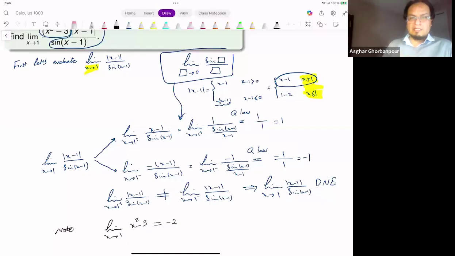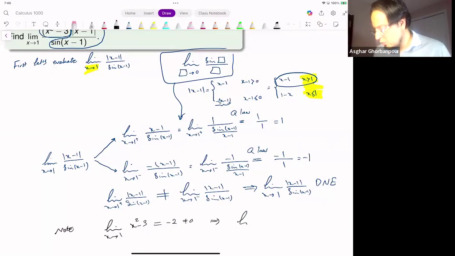The first part exists, the second part does not exist. So since this is not 0, you can imply that the whole limit does not exist.